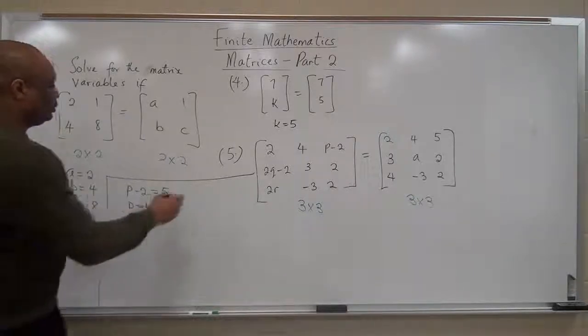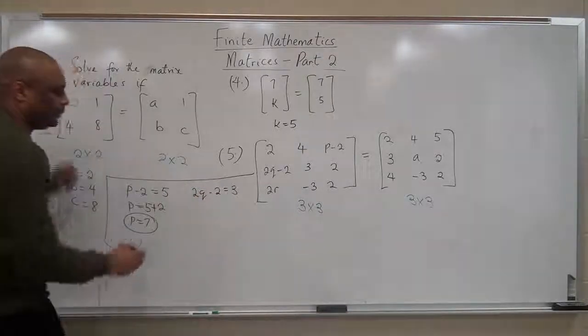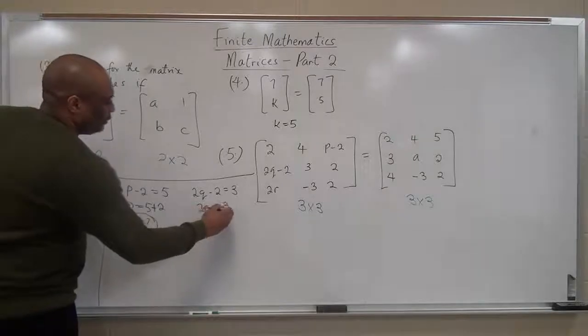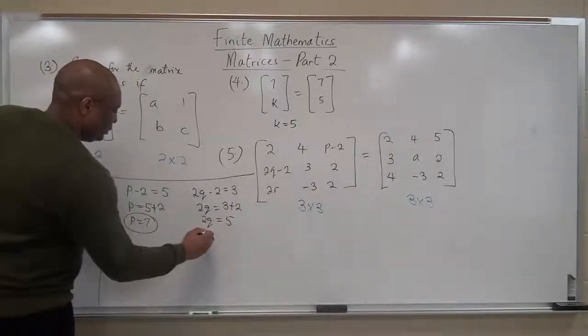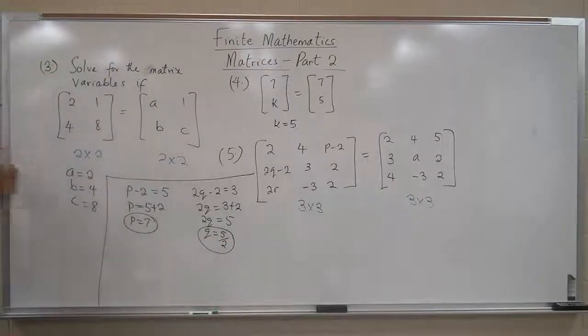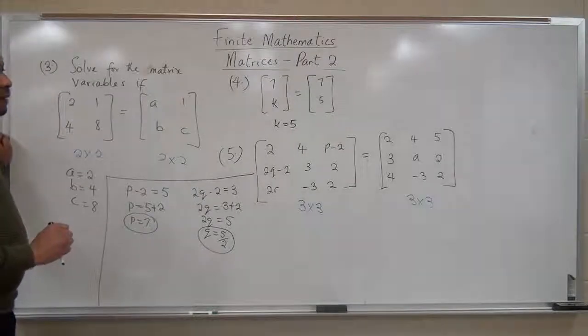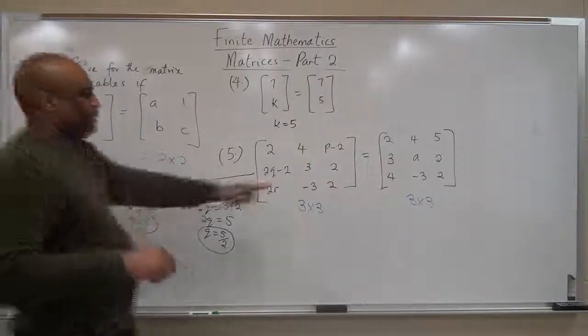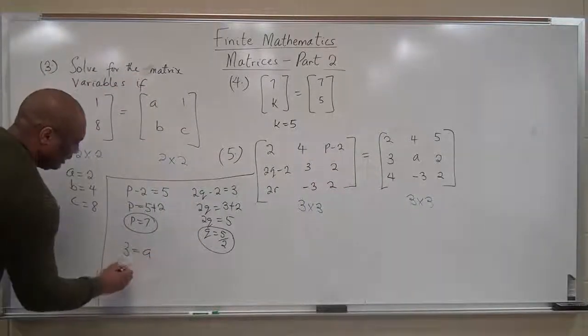The next one, 2q minus 2 is equal to 3. So 2q will be equal to 3 plus 2. 2q is 5. So q will be 5 over 2. Then you have that 3 is equal to a. So a is equal to 3.